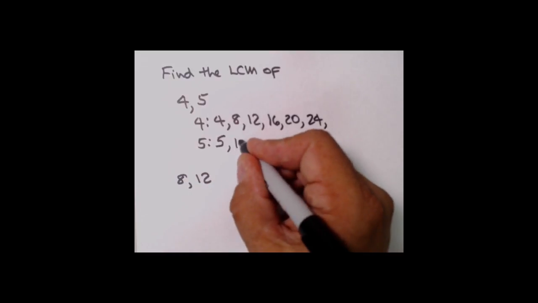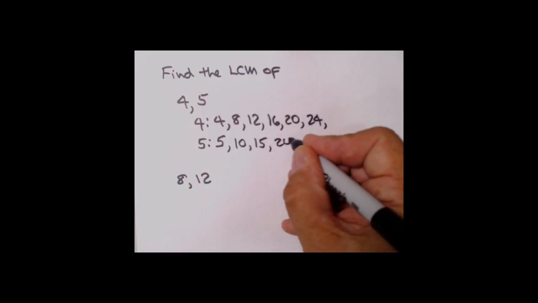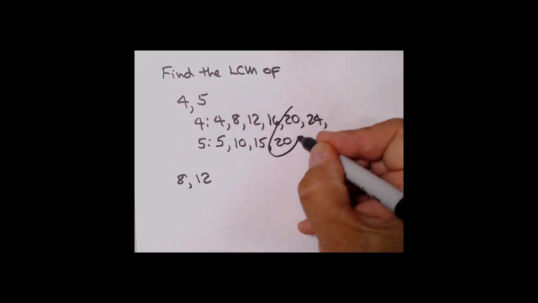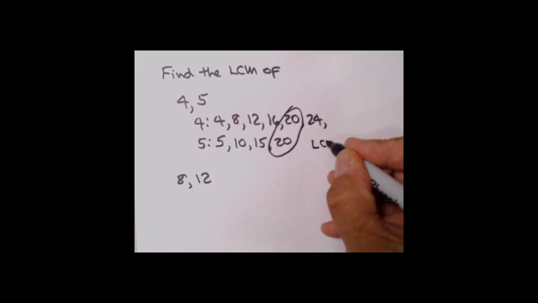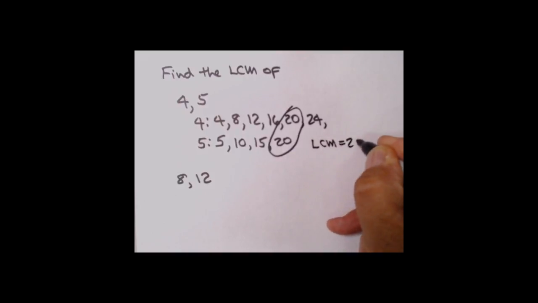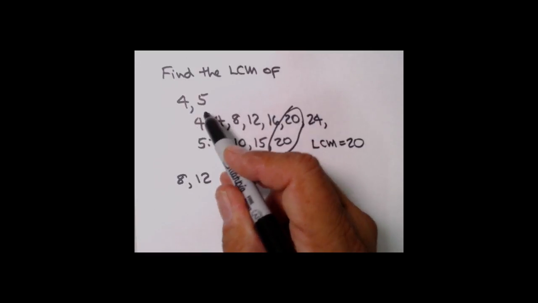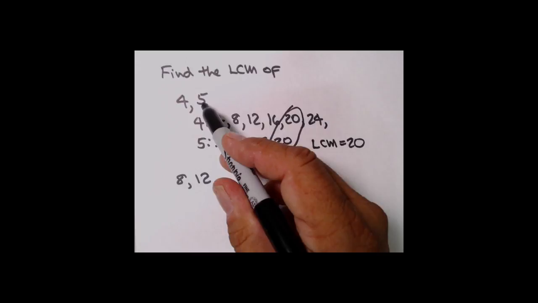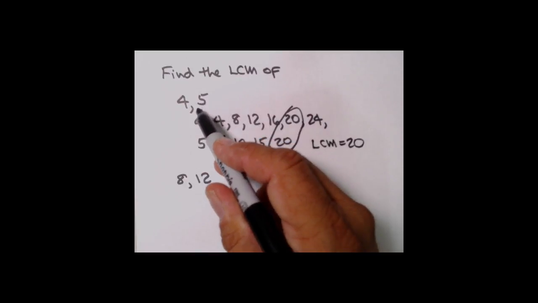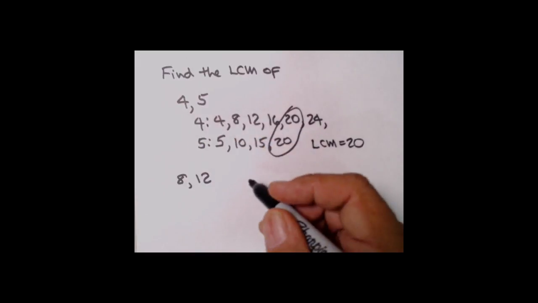Add 5 to that, you get 10, then 15, then 20. Ah, there we go. Okay, we hit 20, so the LCM here equals 20, and that's what we knew because there were no common factors. 4 times 5 gave us the 20, but most of the time they're going to be common factors and the LCM is going to be less than just multiplying those.